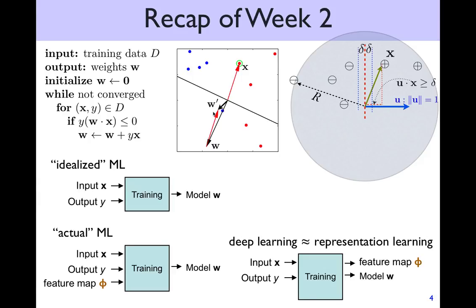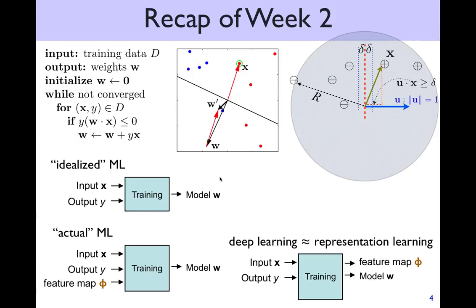So after a few updates, you're bound to converge, and this convergence bound is very small. It's R squared over delta squared. R is the radius of the data set, and delta is the safety buffer. So this is the picture of the convergence property and the convergence proof from week 2.